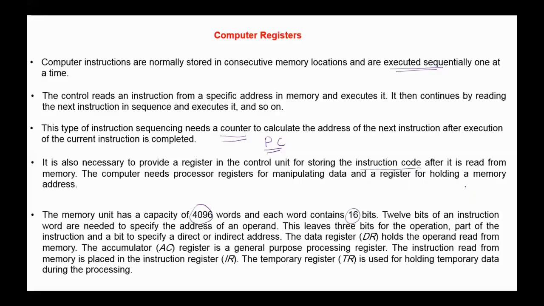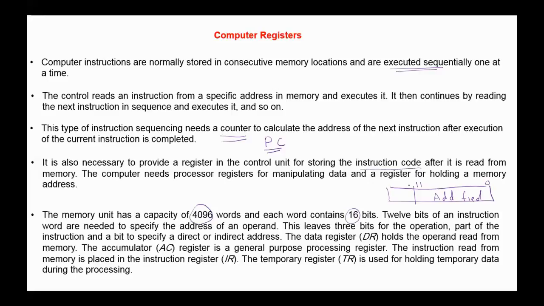According to the stored program concept, both instructions and data are stored in memory. So the instruction size is 16 bits, and we need 12 bits of these 16 for the address field in the instruction.